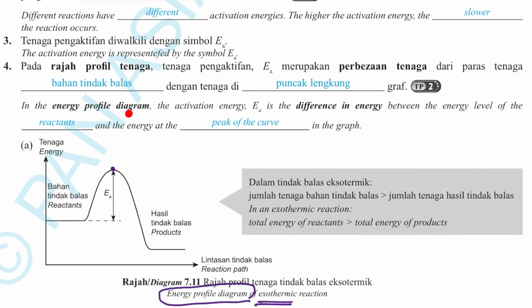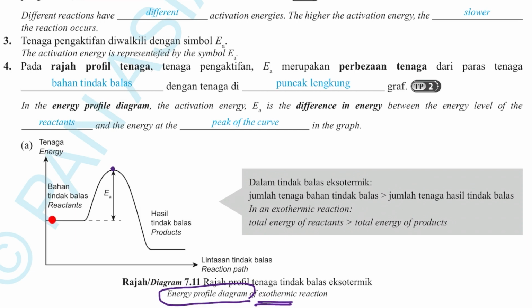In the energy profile diagram, the activation energy, EA, is the difference in energy between the energy level of reactant and the energy of the peak of the curve in the graph. Okay, this is the energy profile diagram. It shows the activation energy needed by the reactant so that the reaction can occur.